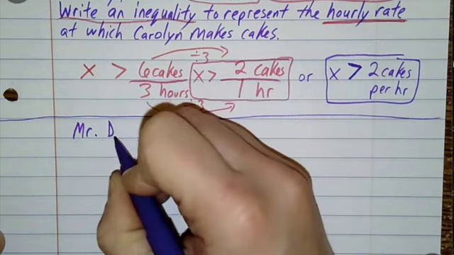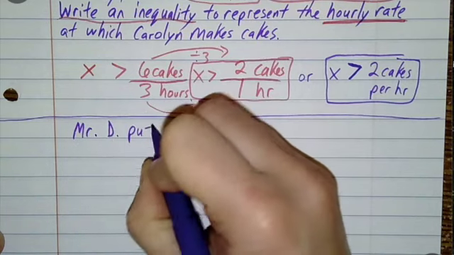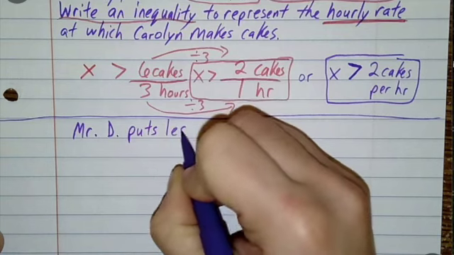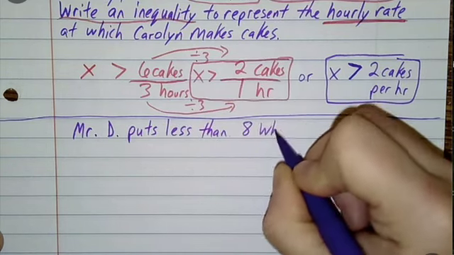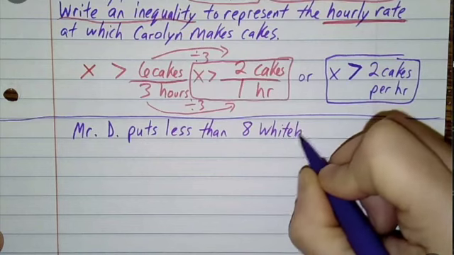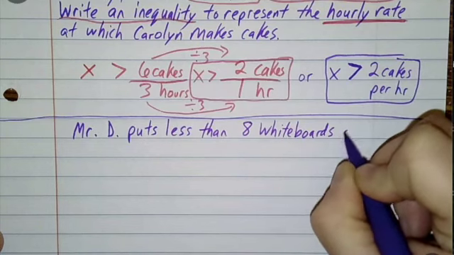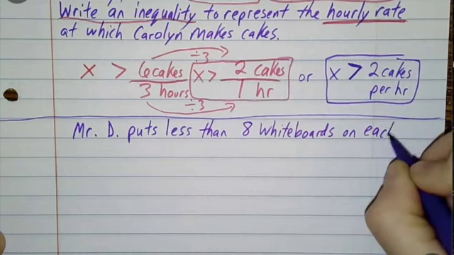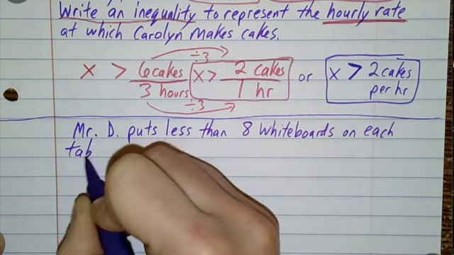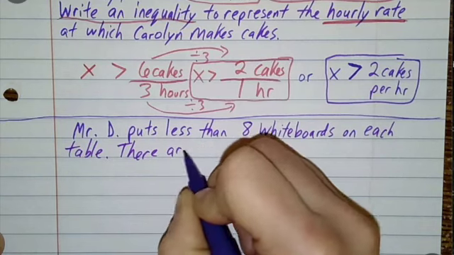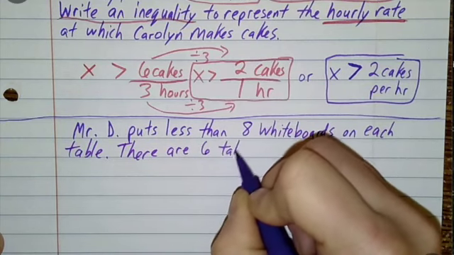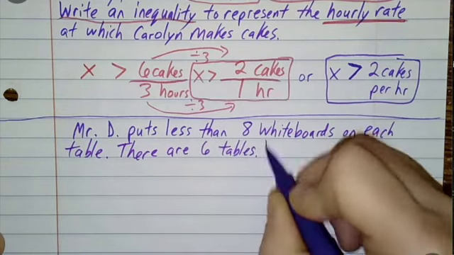Mr. D puts less than 8 whiteboards on each table. There are 6 tables.